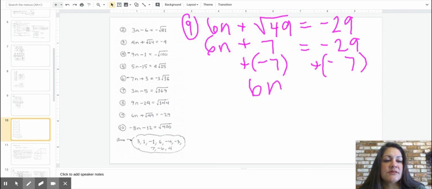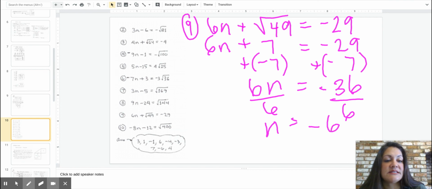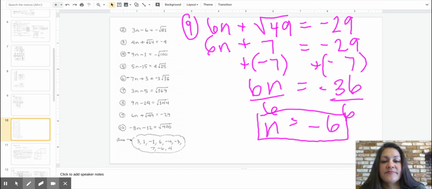So let's see here, negative 29 minus 7 is going to be negative 36, divided by 6 on each side. n equals negative 6. And there he is down there. All right, one more. Yay!